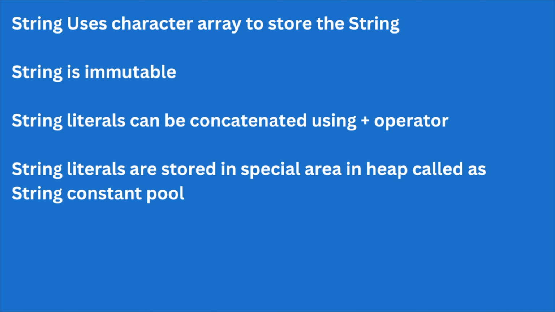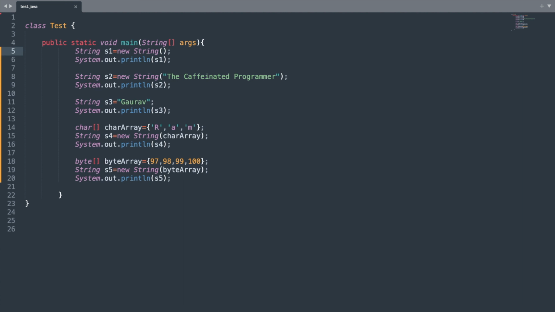All right. Now let us look at some of the ways to create our string objects. On line 5, I have used the string constructor and I have not passed any argument. Then on line 8, I have again used the string constructor, but I have passed a string argument. On line 11, I have created the string object using the string literal, right?